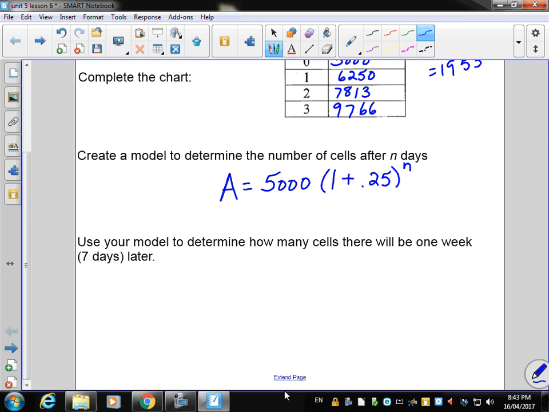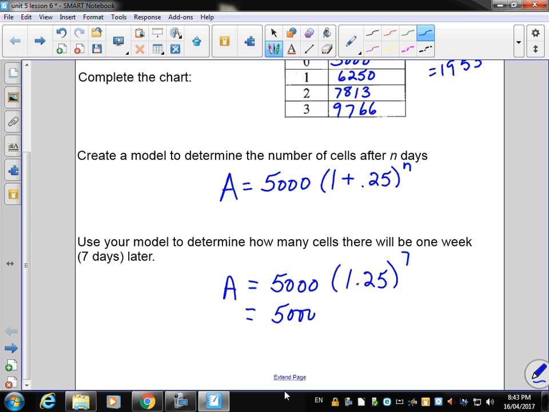I can use my model to determine how many cells there will be 1 week later. So in 7 days, if in 3 days I've almost doubled it, how many will I have in 7? So I'm going to do 1.25 to the power of 7, and 5,000. So I have a graphing calculator.